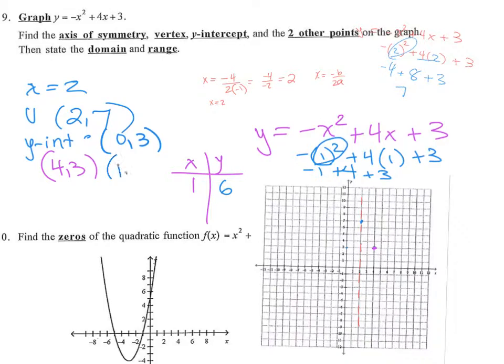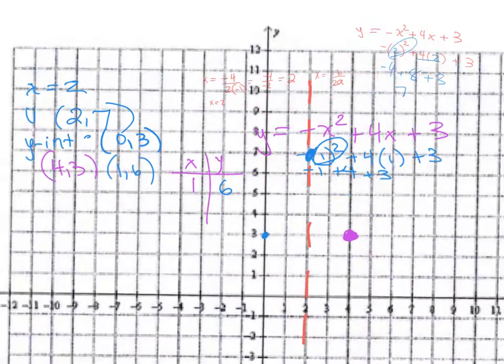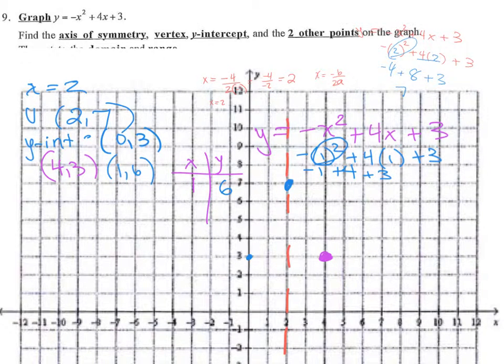That's my second additional point that if I wanted to graph, I would put at (1, 6), which is right here. And if I wanted to reflect an additional point, I could, and then I would connect my dots. You would reflect so that you could actually get the best looking parabola possible.